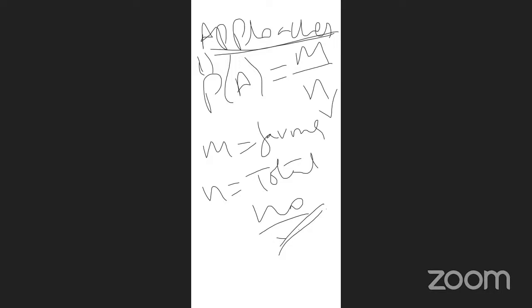The next we have to discuss is the subjective approach of probability. The subjective approach of probability is also called the personalistic approach. Here we have an intuition or a conviction about what the outcome of an event could be.